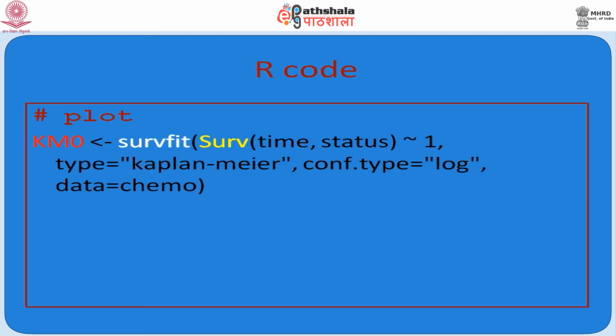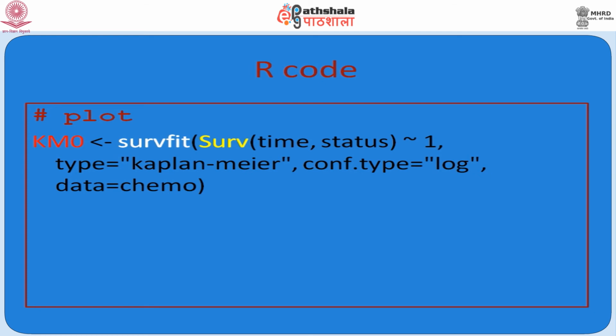Now here we will see the Kaplan-Meier curves. Again these two functions, survfit and Surv, come from the library called survival. Here the time of the patients followed is given first and the status of the patients followed is given later. After that, ~1 is given. The earlier version of the survival library used to follow this.